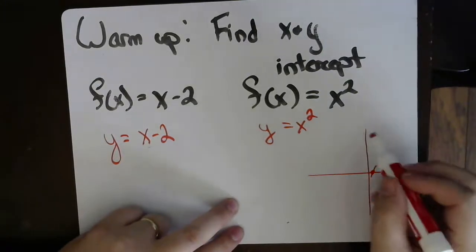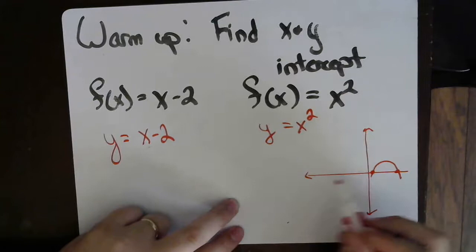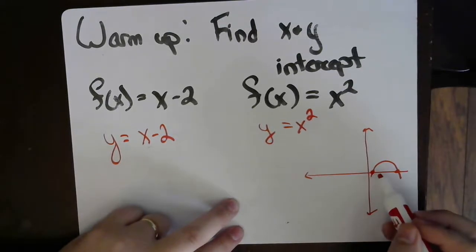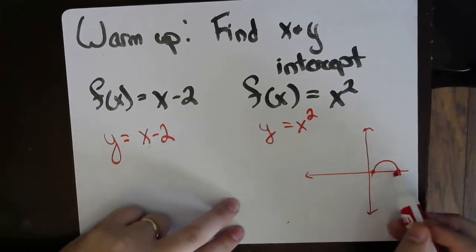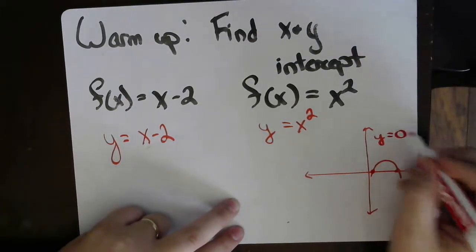So if we logically think about this, that's our x-axis right there. Anywhere on this, when it intersects that, what is x and what is y? Well, we don't know what x is, and that's what we're trying to find out. But if you notice, with our x-intercept, our y is always equal to 0.